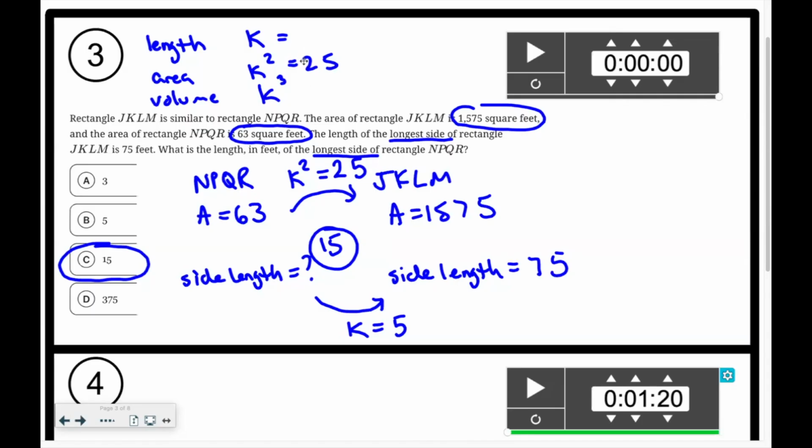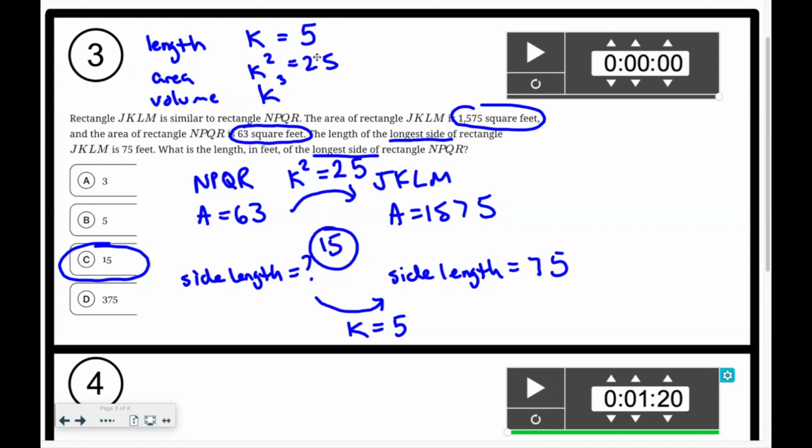Because wouldn't k squared be a square, not a rectangle? No. I'm going to go over this more, but if the area gets multiplied by 25, then every individual dimension will end up getting multiplied by 5. I'll show you a specific example.